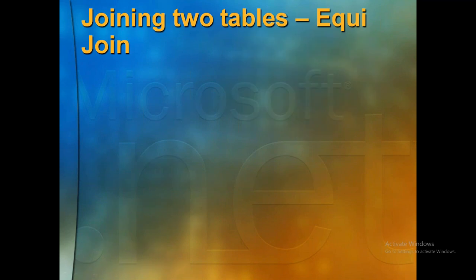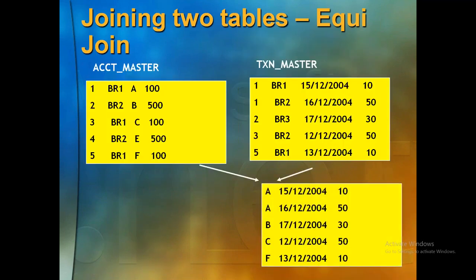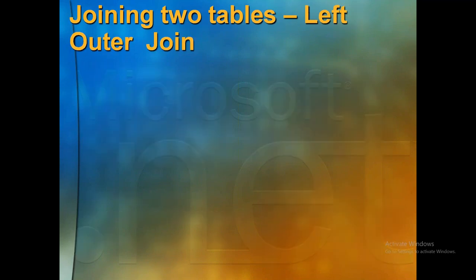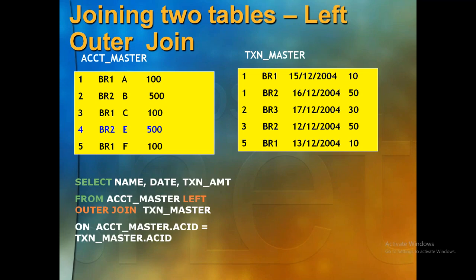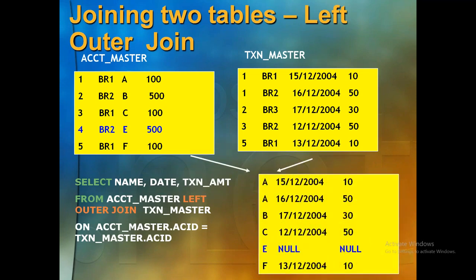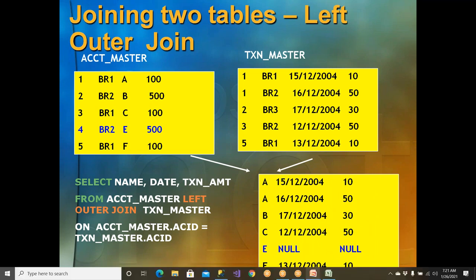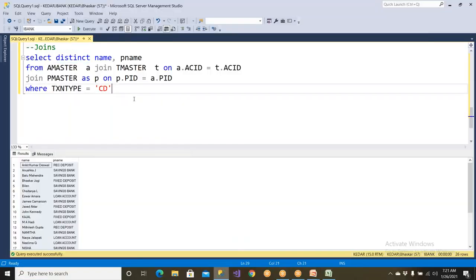Now joining two tables, so we discussed all these things, right? Left outer join, full outer join. So if I wanted to use two tables with the left outer join, what will happen? Select. Let me take the same query, and I don't want to waste my time.